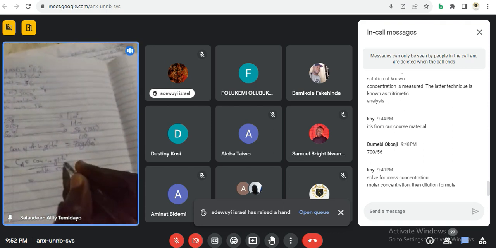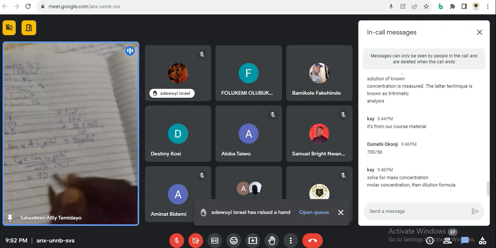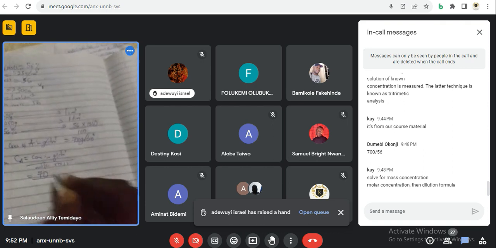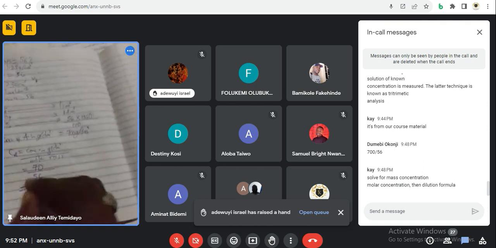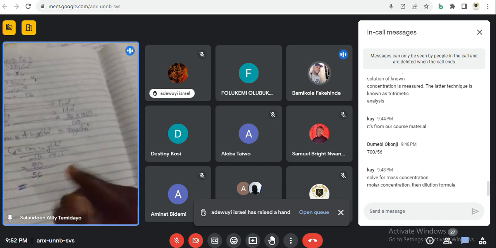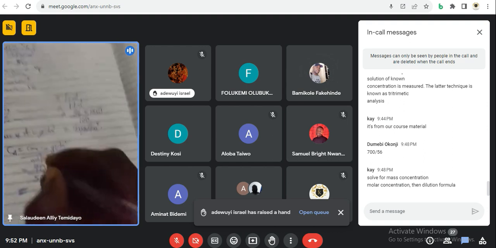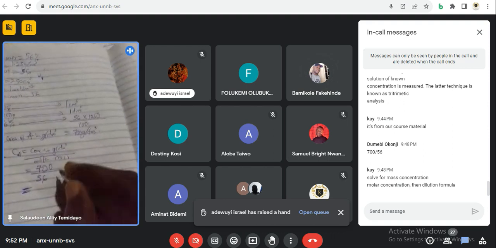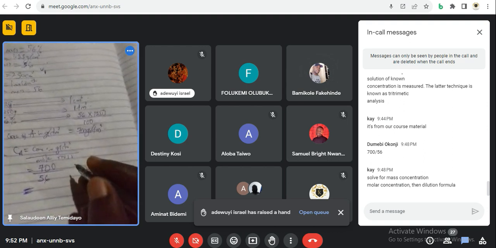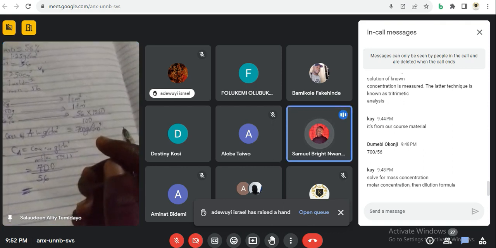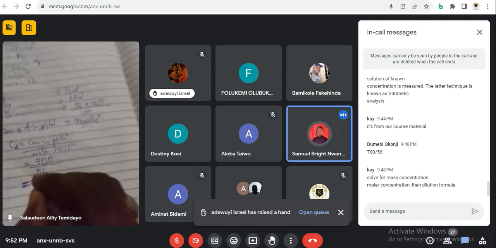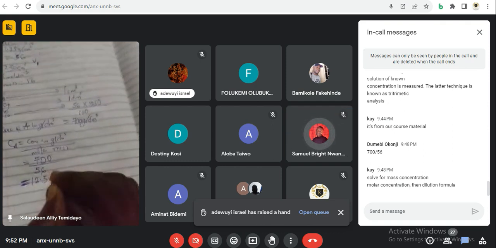So the concentration in grams per dm cube is 700 over molar mass 56. 700 divided by 56 is 12.5 mole per dm cube.